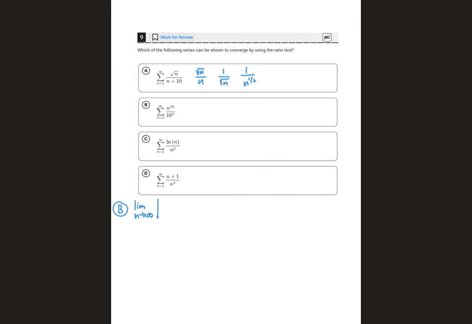So we're going to do the n plus first term, just substituting n plus 1 for all the n's, and then multiplying by the reciprocal right away. Okay, so these cancel, just to be a 10 in the bottom.